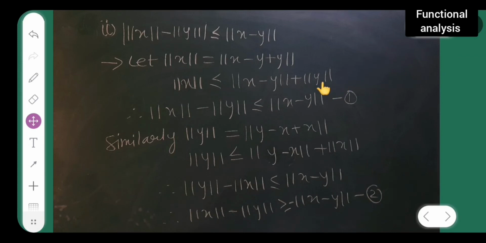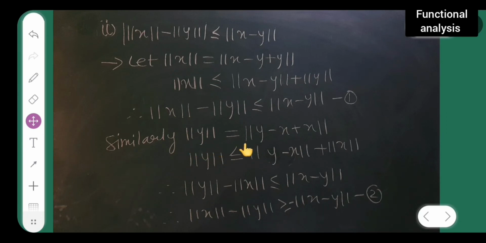Now I'll take this to the other side, so it will become negative. Therefore ||x|| − ||y|| is less than or equal to ||x − y||, and take this as 1. Similarly, you'll have to do it for ||y||.